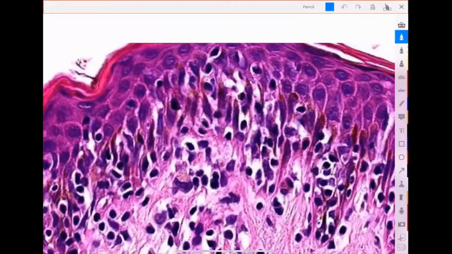For example, this lymphocyte is trying to change its shape to accommodate. This little one here is trying to accommodate its shape. That one is trying to become a little bit elongated to accommodate its shape. This is what normal lymphocytes will try to do in order to squeeze themselves in between the keratinocytes.